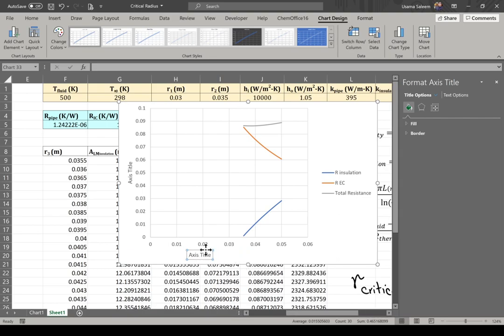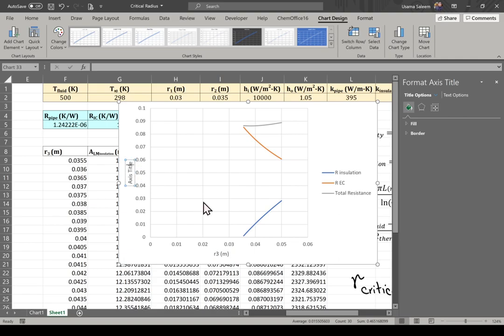R3. Oops, sorry about that. All right, patience is a virtue once again. R3. And on the vertical axis I have the resistance.